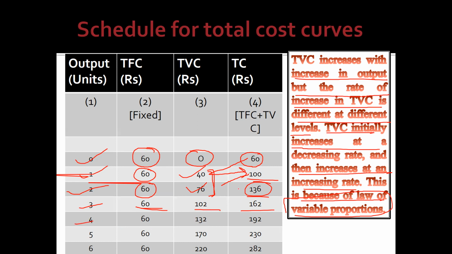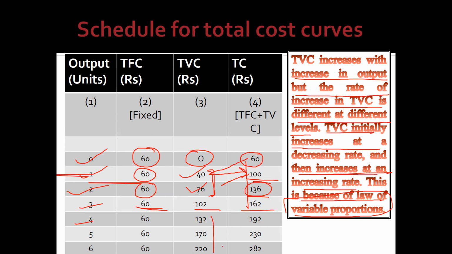Now you can see total cost is increasing, but the rate of increase in TVC is different at different levels. TVC initially increases at a decreasing rate, and after that it increases at an increasing rate.